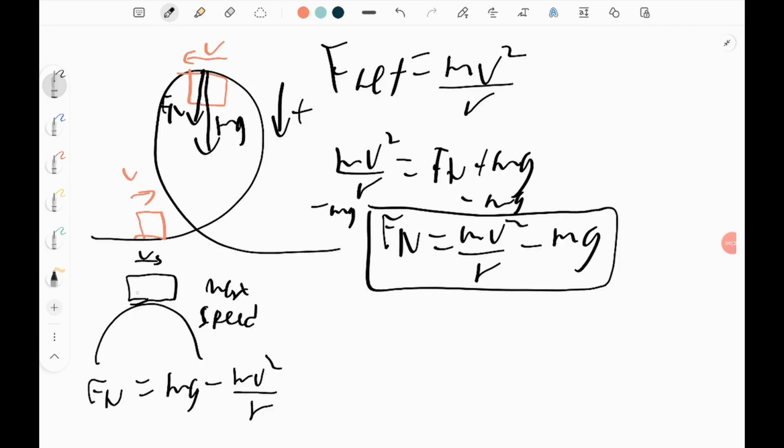The car flies off the hill or track when Fn is equal to 0. When we look at this example here, we can see that v has to be a certain value in order for the car to remain on the track. If the velocity is too low, then the car will just fall off before it reaches the top here. So there's a minimum value for v.